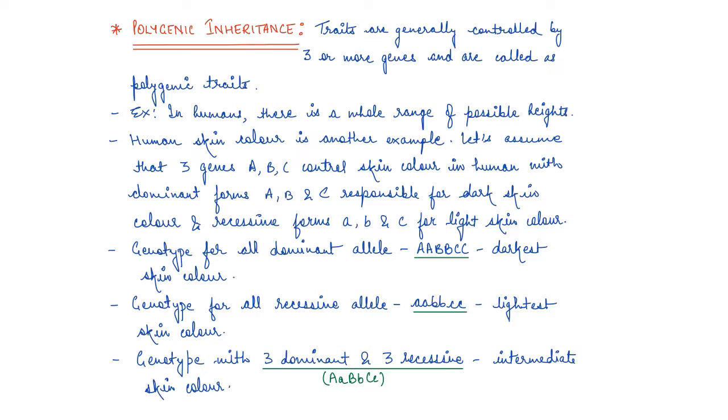Let's say that there are three genes which are A, B, and C, right? So there are three genes which control skin color in humans. Now these are the dominant forms, right? So A, B, and C are responsible for dark skin color, and the recessive forms a, b, and c are responsible for light skin color, right?